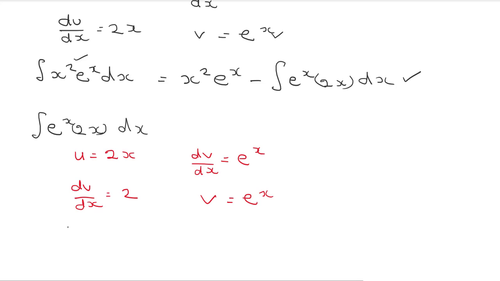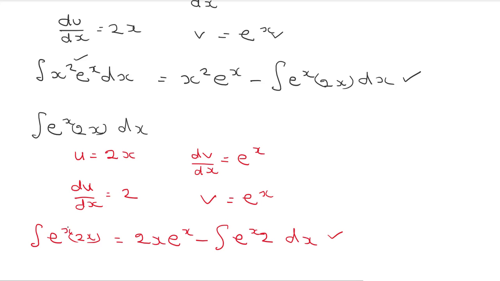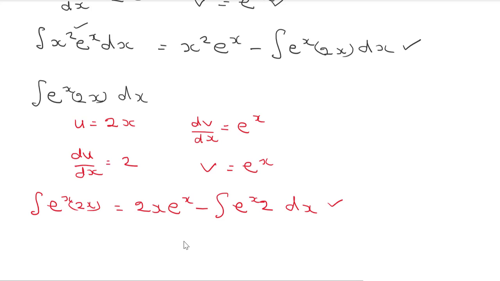So the integral is equal to u times v, which is 2x e raised to the x, minus the integral of v times du by dx, which I can easily integrate. So the integral of e raised to the x times 2x is equal to 2x e raised to the x minus 2 e raised to the x.